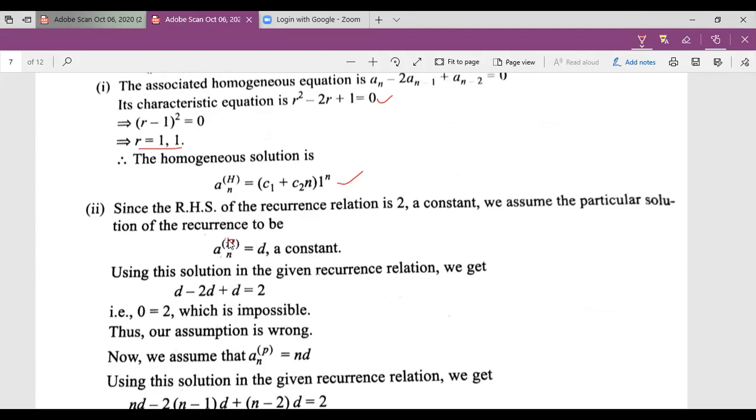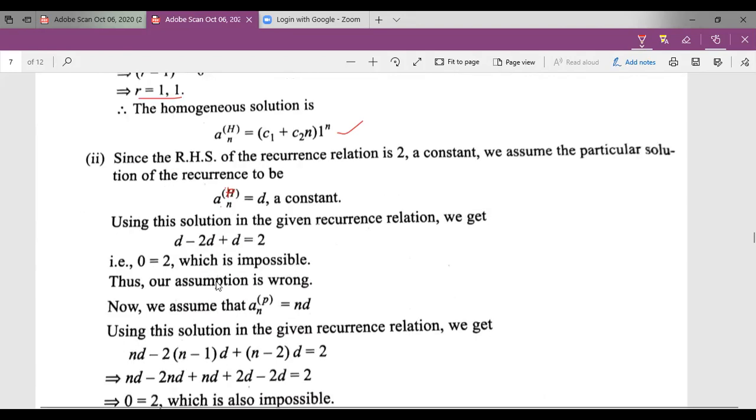It is also a constant. So using this solution in the given recurrence relation, we get D minus 2D plus D is equal to 2. So total 0 is equal to 2, which is impossible. So our assumption is wrong. So now we assume that a_n^(p) is equal to nD.